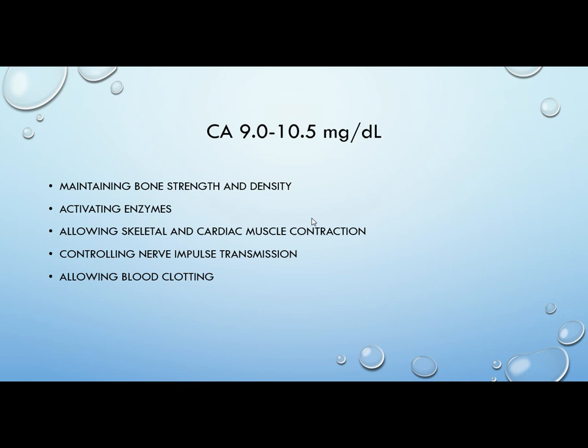Calcium has a steep gradient between the extracellular and the intracellular fluids. The extracellular is high, and the intracellular is very low. Okay, it's important in maintaining your bone strength and density. Like I said, activating those enzymes, allowing skeletal and cardiac muscle contraction, controlling the nerve impulses, and in blood clotting. Absorption from food requires active vitamin D in the patient's system.